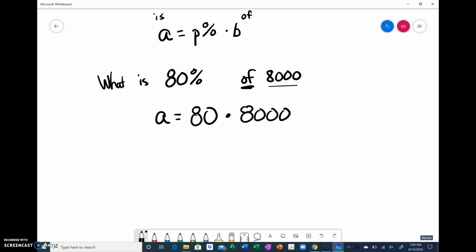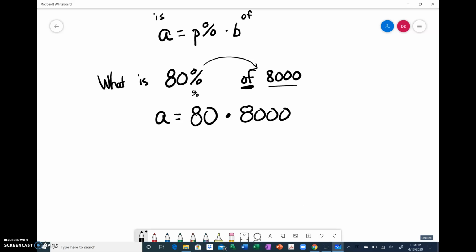8,000. Now, hopefully you're really tracking with me here, and you should see an error, a mistake, something I haven't done yet. I'm trying to figure out what 80% of 8,000 is, not what 80 times 8,000 is. So when I'm moving to use the calculator to solve this, I'm not going to type in 80 and hit the percent key, okay?